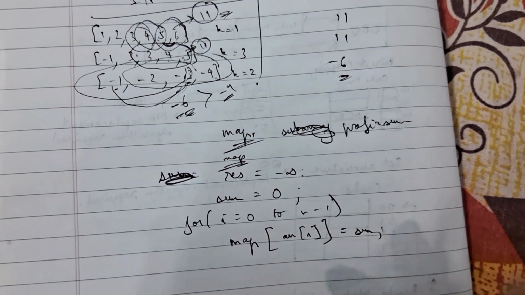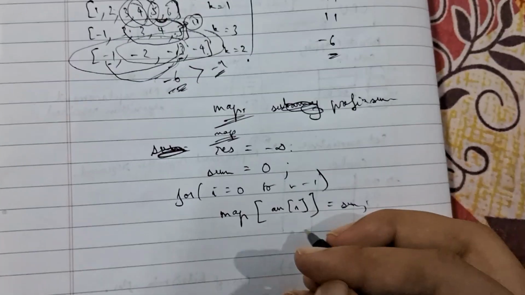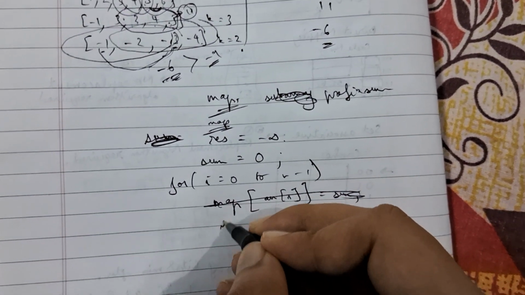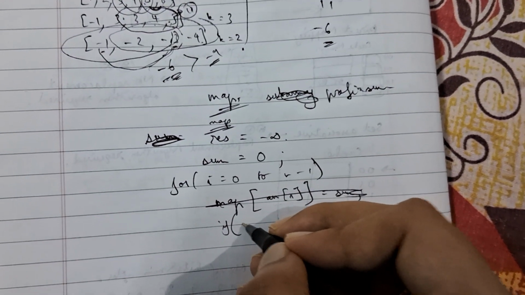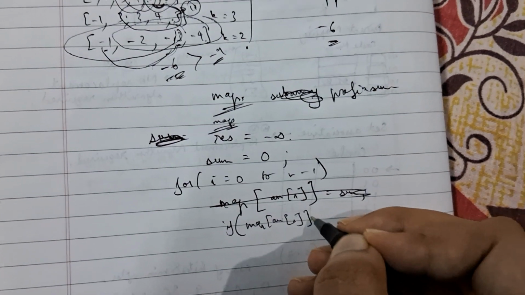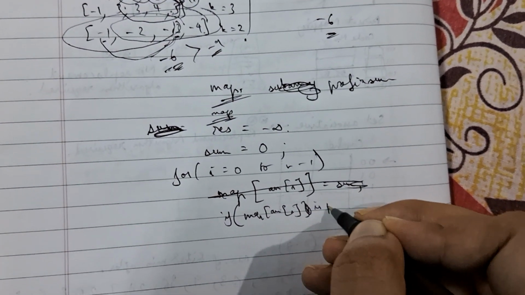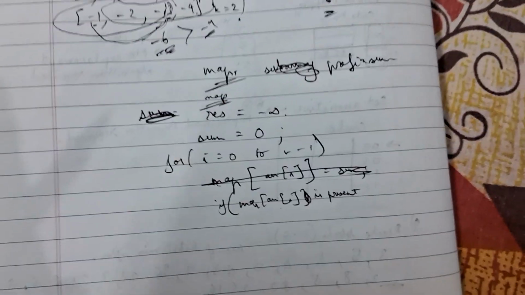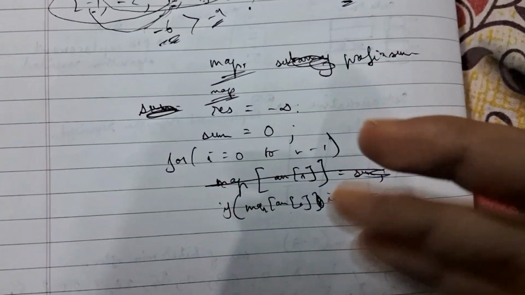Is equal to sum. But remember one thing, we can't directly write this. That is, we check if map contains AR of I, whatever that is in your language, Java, CPP, whatever you're using.